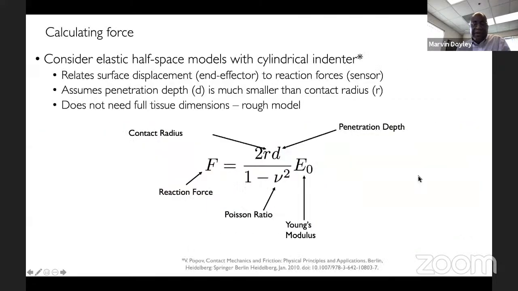If we have that, then we can calculate the forces on the boundary. We're going to use the inversion to give us that. The radius is pretty easy, the penetration depth is easy, but we're going to combine all this information together and do that.